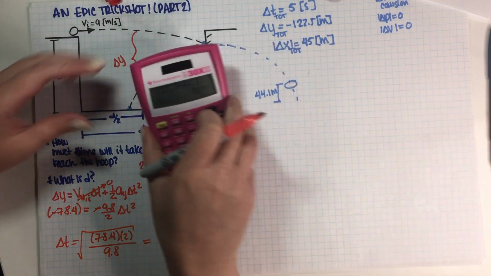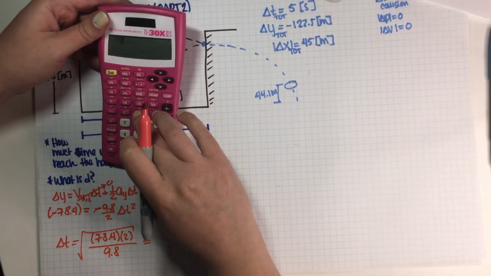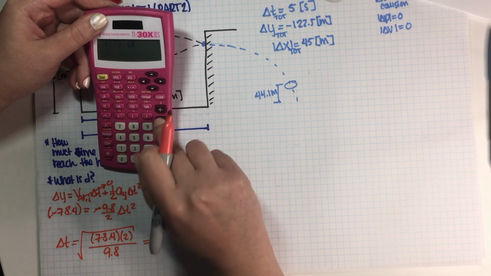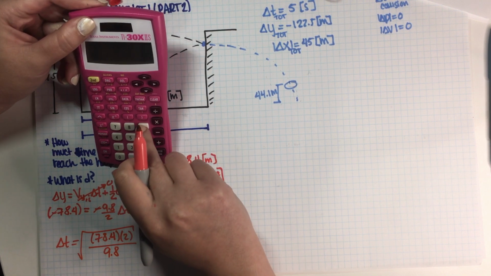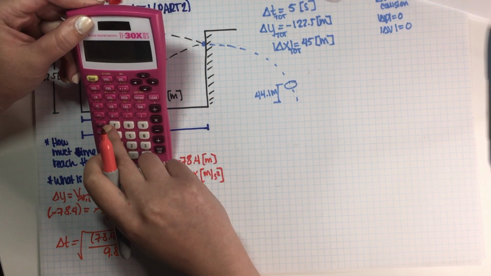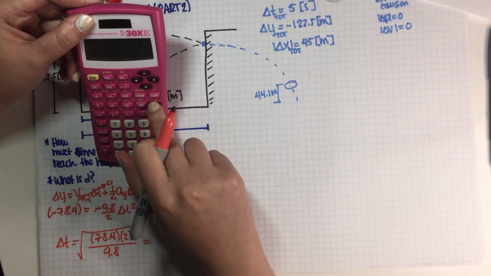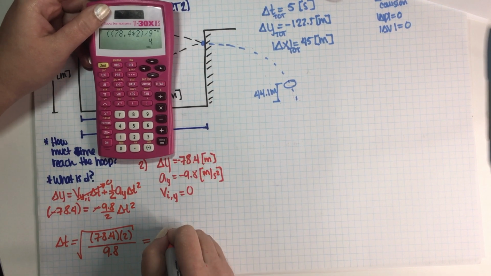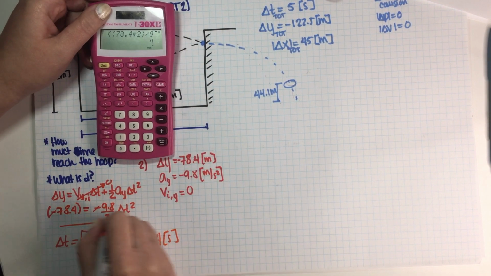So this delta t is going to be 78.4 times 2 divided by 9.8, take a square root. 4 seconds is the final answer.